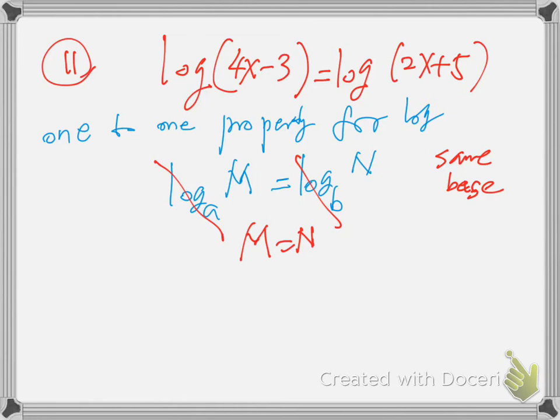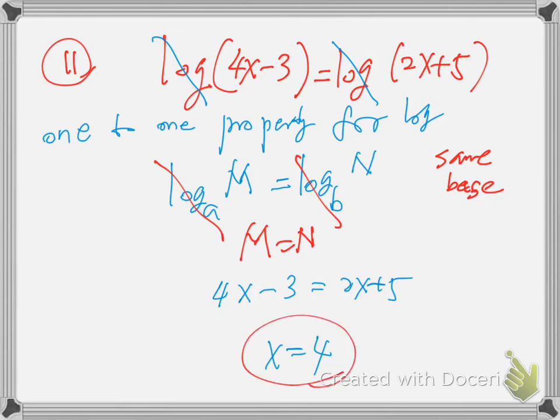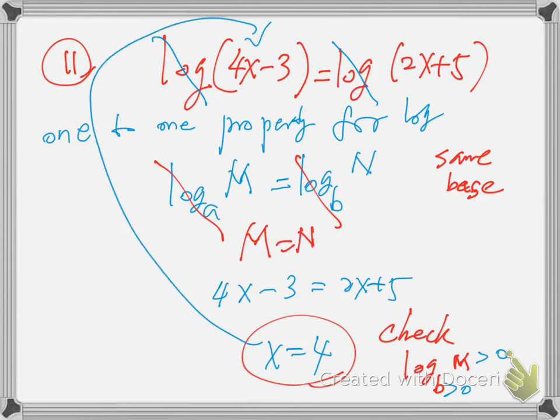Now for this particular question, we can drop log base 10, the common log. So we got 4x minus 3 is 2x plus 5. Solve this linear equation. You get x is 4. The most important thing is you have to check your solution. How to check it? You make sure you take log of positive numbers. The base has to be positive, and m has to be positive. So you plug in 4. The base is 10, you don't need to check it.